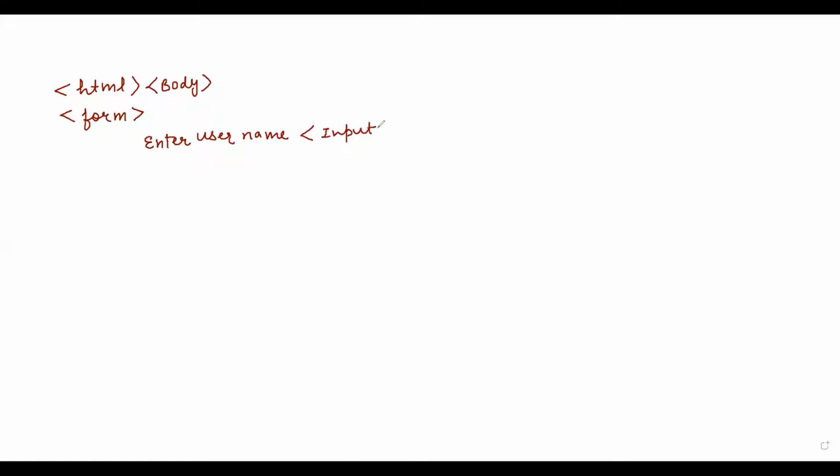So we'll give input tag, input, name can be given like user, type of this input is text box, so text, size is optional, you can give or not, that is up to you.